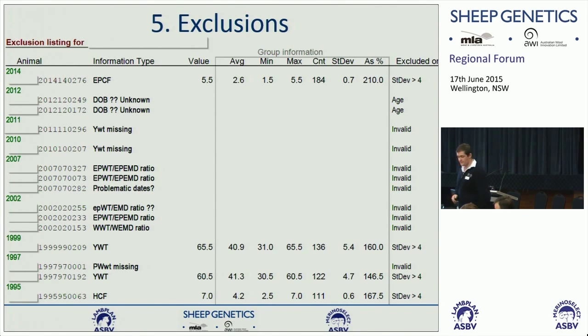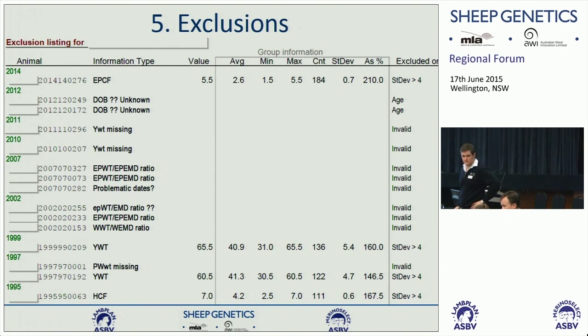So is the value for that animal correct? And is the management group that we've got that animal identified as running in correct? In that case, it's saying for fat depth, you've got a value of 5.5. The average of the group is 2.6 mils, with a range from 1.5 up to that animal at 5.5. That animal's significantly different to the rest of the group that it's being compared to.